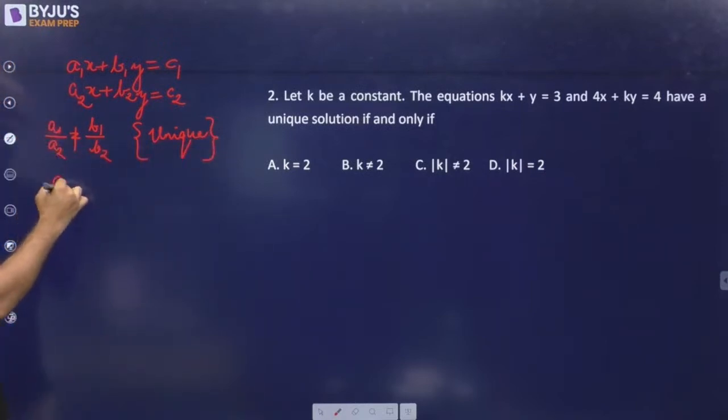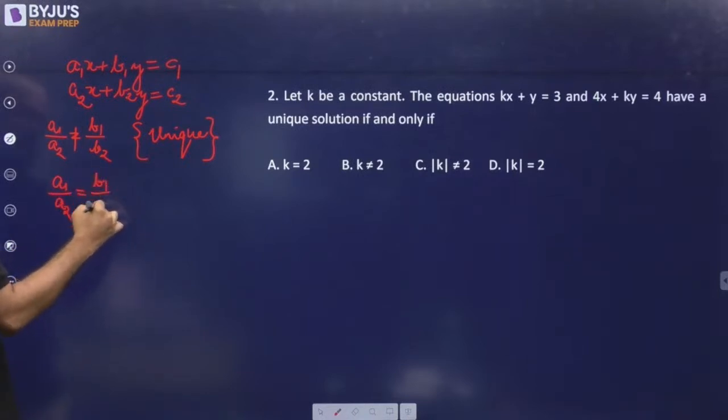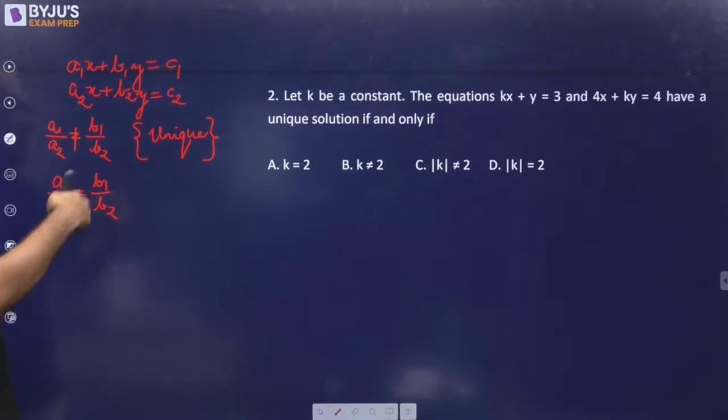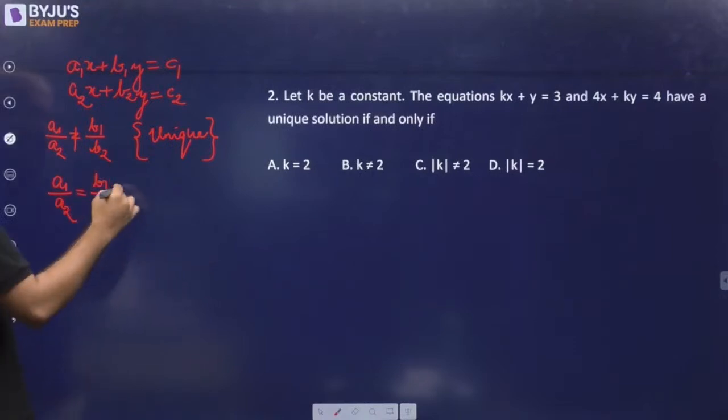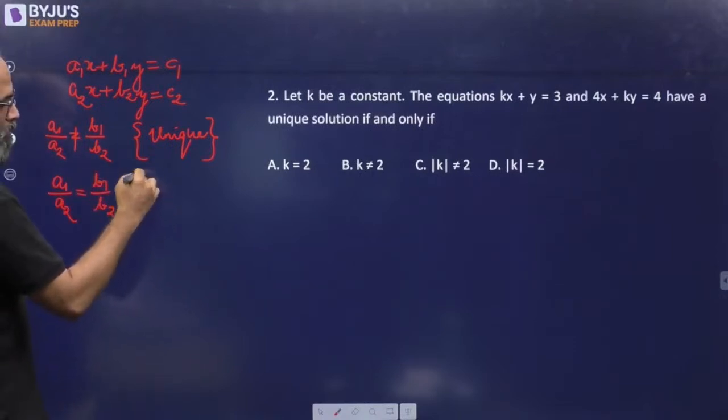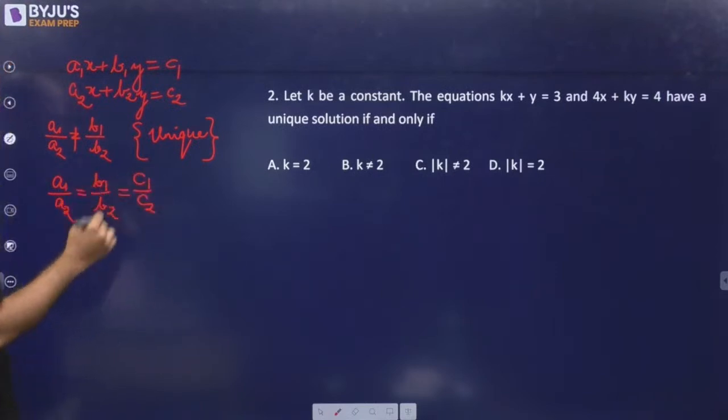If a1 upon a2 is equal to b1 upon b2, if this happens, then there are going to be two possibilities for this. One, that it continues further into the ratio of c1 upon c2, or it doesn't.